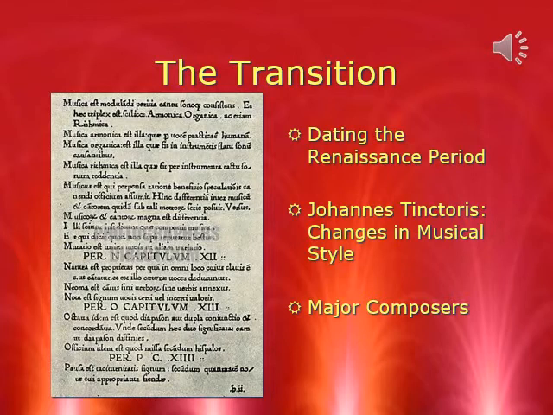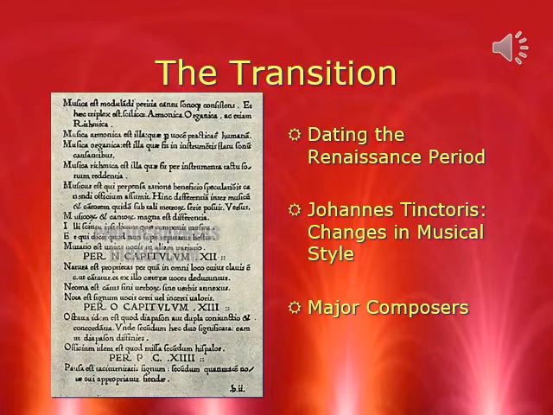So Tinctoris, in this particular writing that he wrote, which is called Diffinitorium Musicae, written in 1475, is making much of the praise of his contemporaries, which he calls the best composers of this generation.